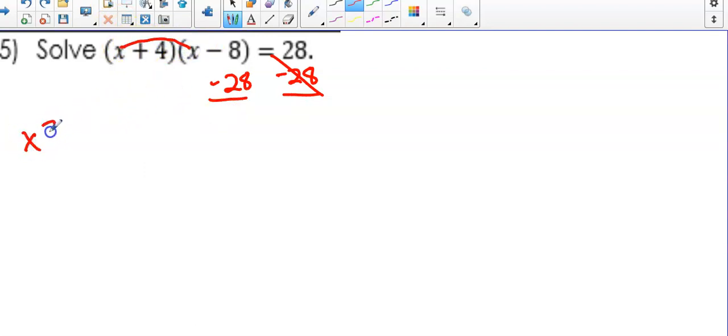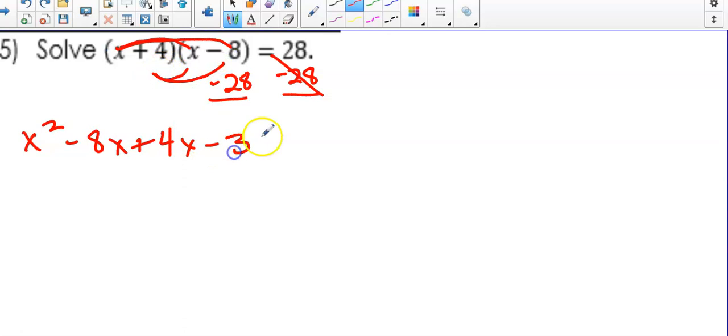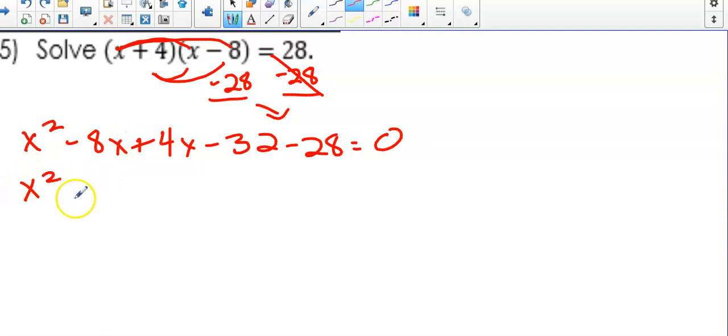So x squared minus 8x plus 4x minus 32. And now I'm going to bring in that negative 28 that we had to deal with earlier. And now let's combine our like terms real quick to neaten this up. So x squared minus 4x minus 60 equals 0.